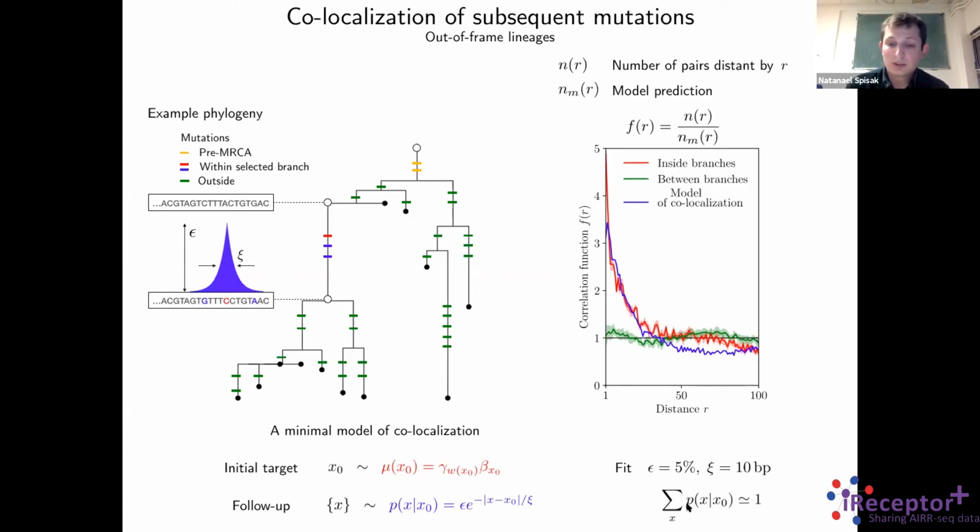And this we interpret as a sign that, of a given number of mutations that we observe in any given lineage, this number of mutations is actually different from the number of targeting events that the sequences have experienced, and there is roughly 1 follow-up mutation per each targeting event.